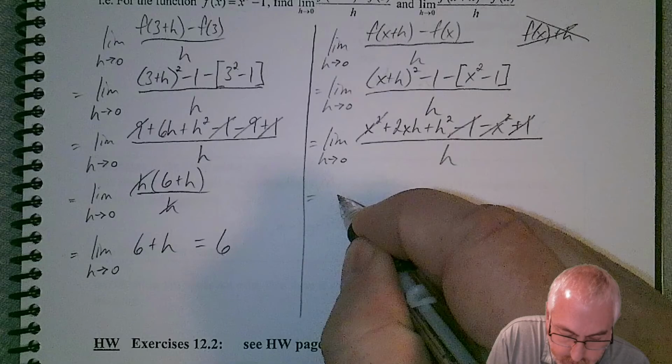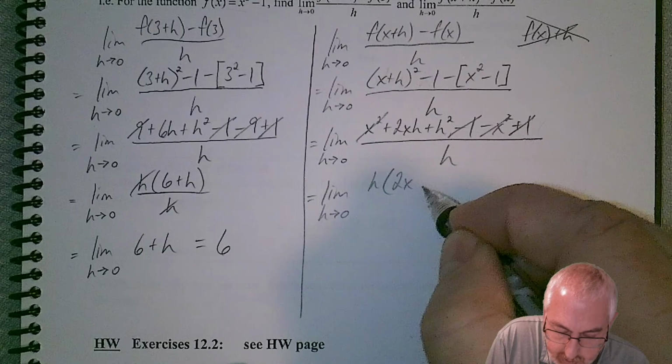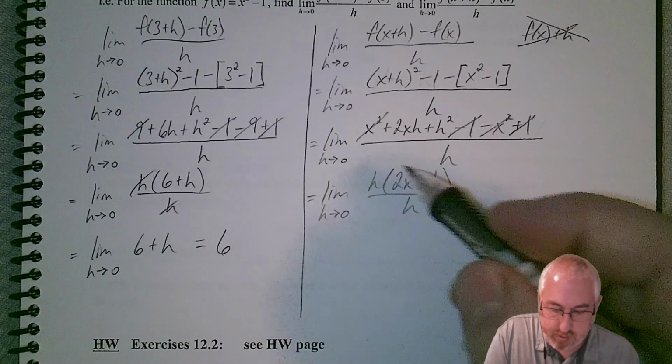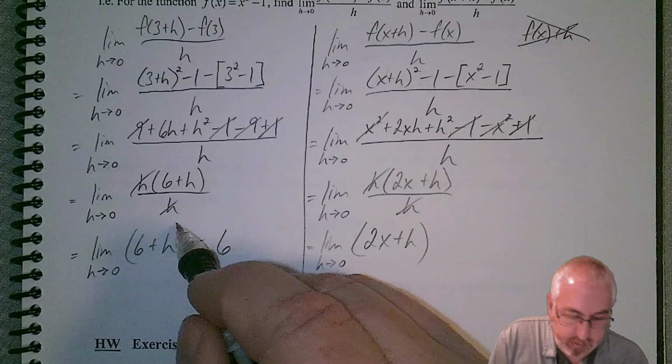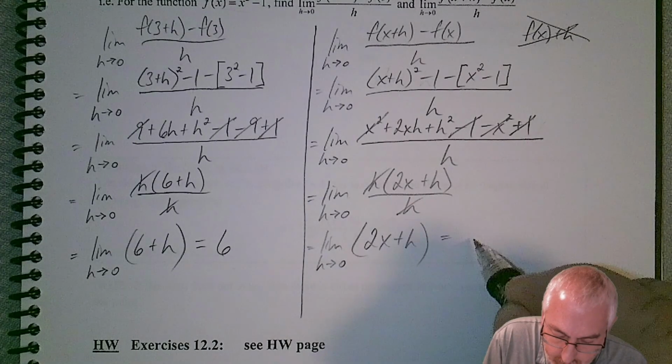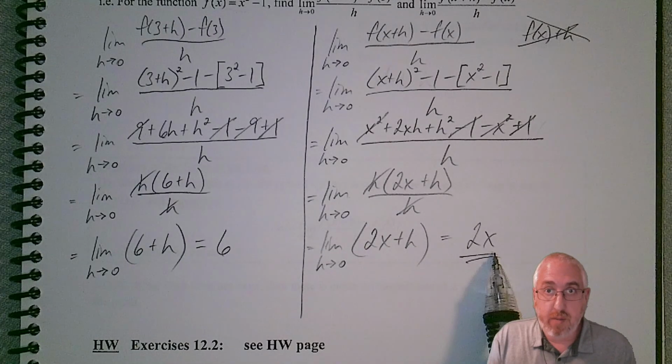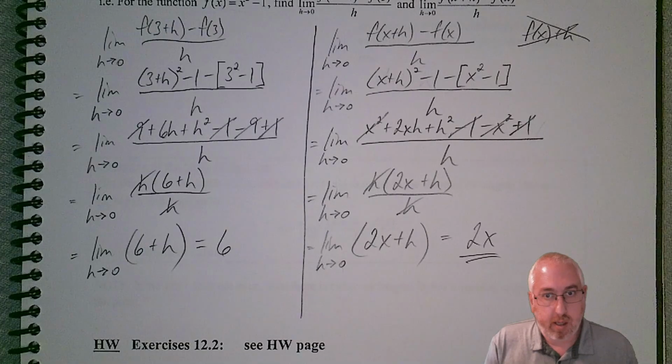So we got h times 2x plus h all over h, and now those h's can go away. So we got the limit as h approaches 0 of 2x plus h. And again, if you want to put parentheses around it, we didn't do that, but you can, just to be safe. But now when you do direct substitution, h goes away, and all you're left with is 2x. And so that's okay. It's okay to have your variable x in there. Even though the h goes away, x might be left over, so don't just lose it. So that should be your answer for this.